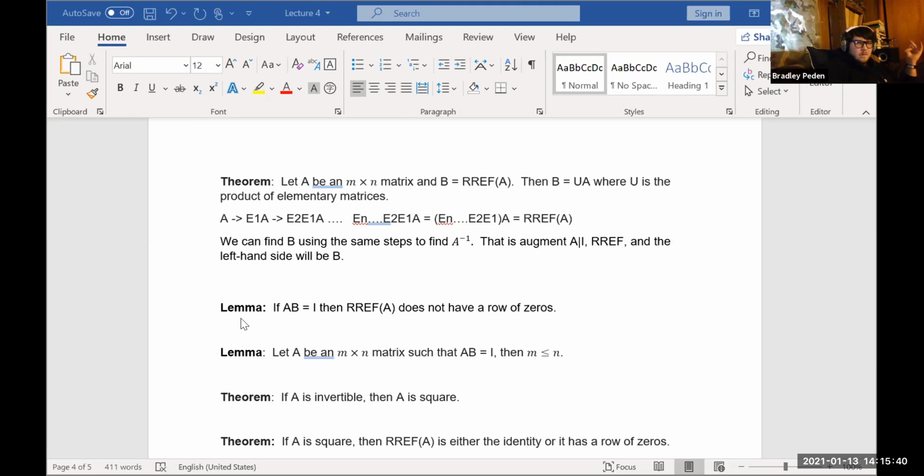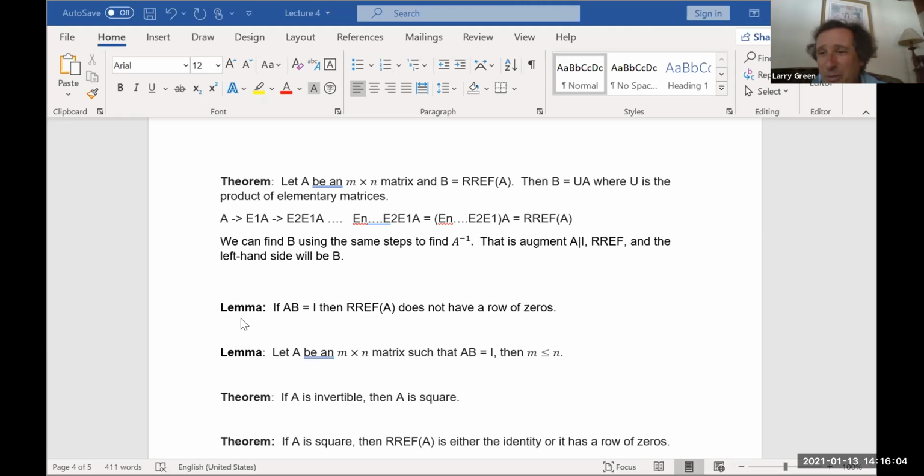So a lemma is a smaller theorem that helps you prove a bigger theorem. And a corollary comes after the theorem. So a corollary is a theorem that is a result of another theorem. So they're almost opposite.